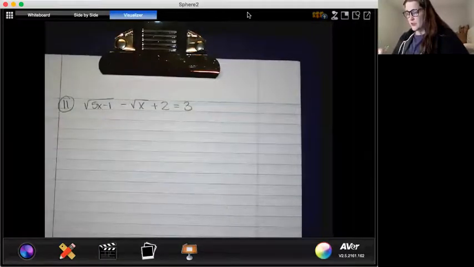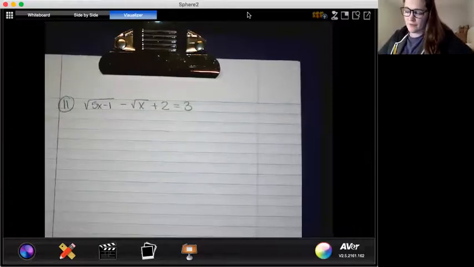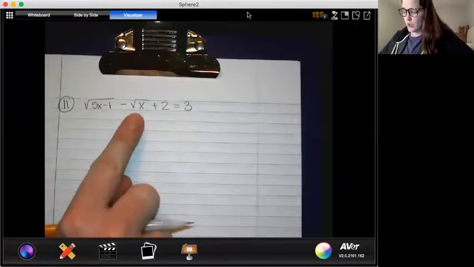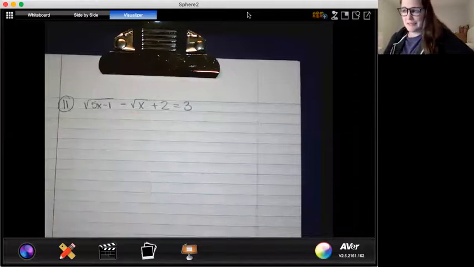Okay, let's look at number 11. So number 11, I have square root of 5x minus 1 minus the square root of x plus 2 equals 3. So 2 radicals. I'm going to want to isolate my radicals, so 1 on each side. Now, it doesn't matter where the other numbers go, but you typically want them to go with the smaller radical or the radical with less things in it.